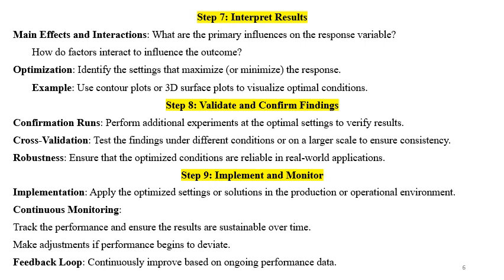Step number 9 is implement and monitor. Apply the optimized settings or solutions in the production or operational environments. Continuously monitor and track the performance and ensure the results are sustainable over time. Make adjustments if performance begins to deviate.